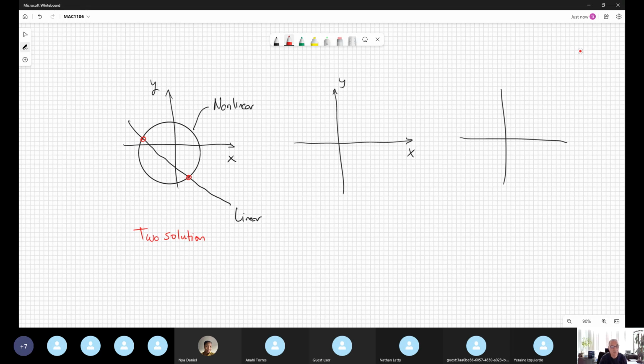In a few seconds you see several examples, but one example similar to this. We have another possibility. Suppose we have one nonlinear equation that represents an ellipse like that, and another nonlinear equation that represents an ellipse, and in that case we have four solutions.